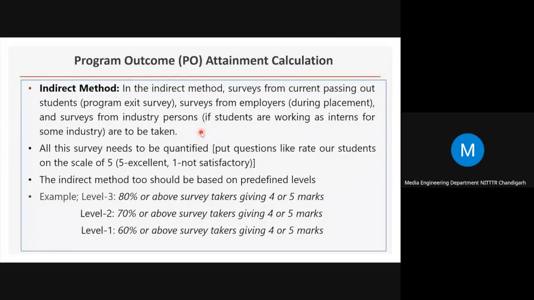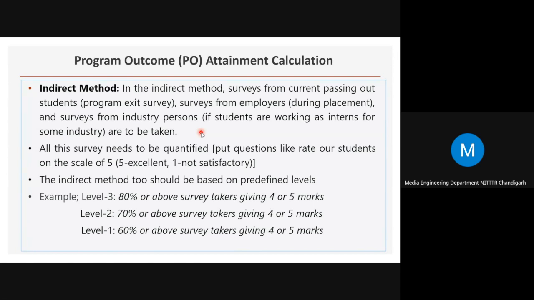So generally, we ask those responders to give their answers in the form of survey scores 1, 2, 3, 4, 5, right? In the morning session, sir has shown that we can calculate the weighted average of those responses and get a score showing the average response for that particular PO.